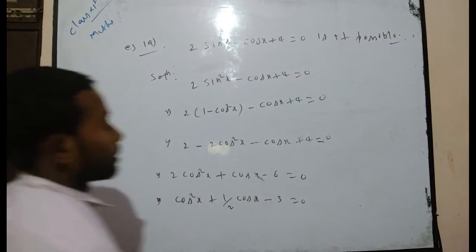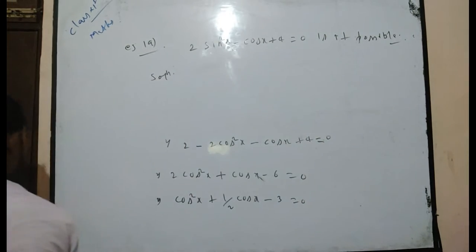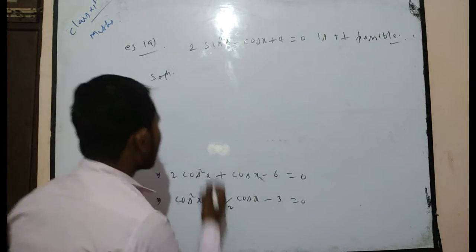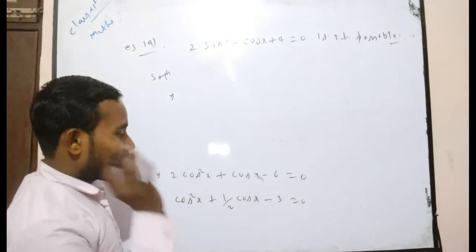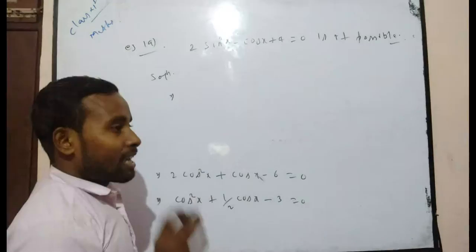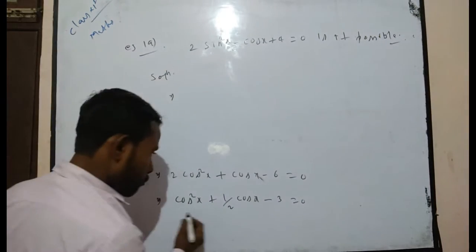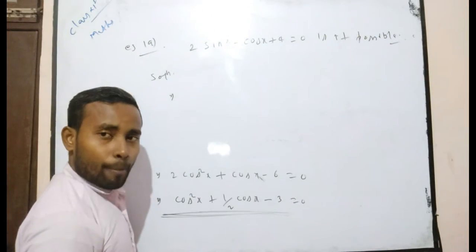Now I want to rub the upper part of this board. As you have already studied in class 10th, the complete square method to solve a quadratic equation. Can you express this quadratic equation as a complete square?